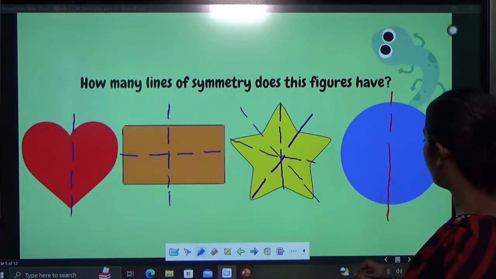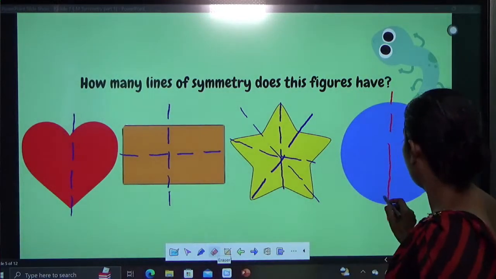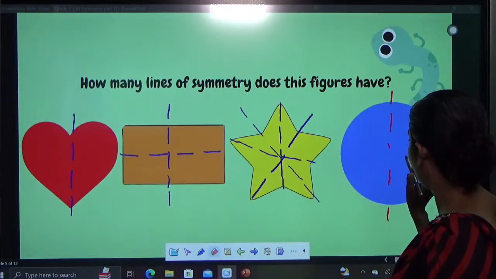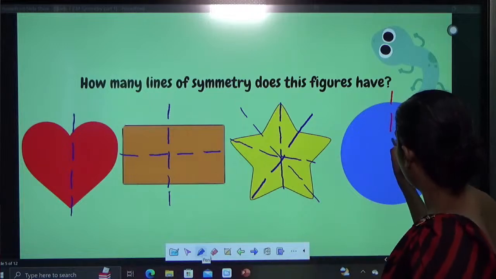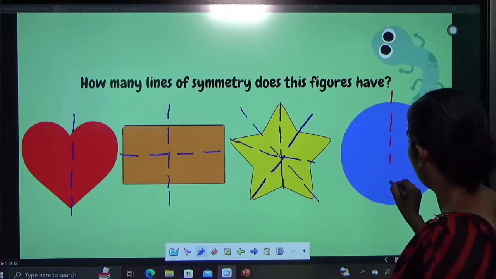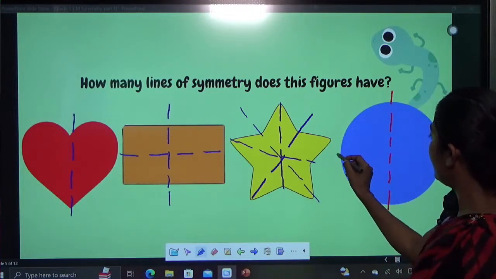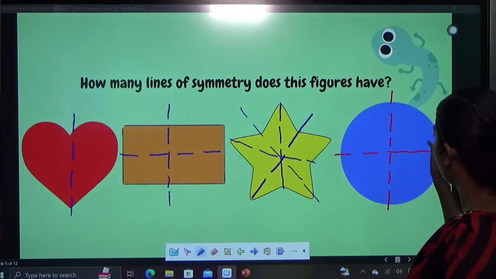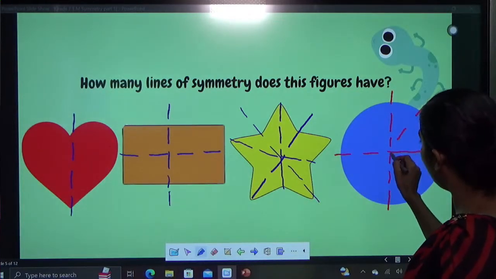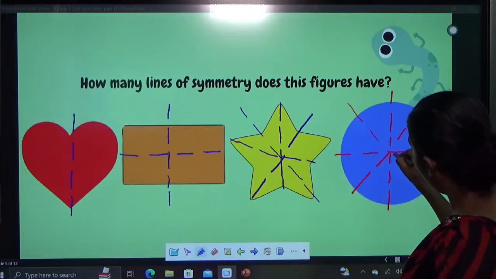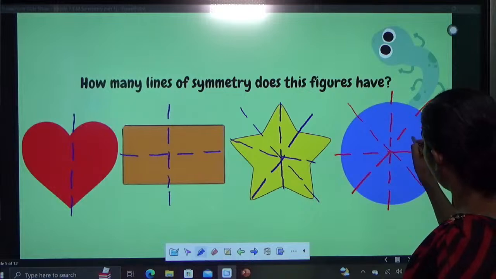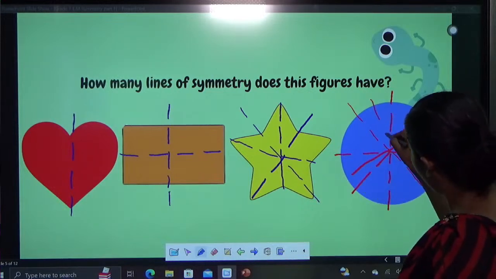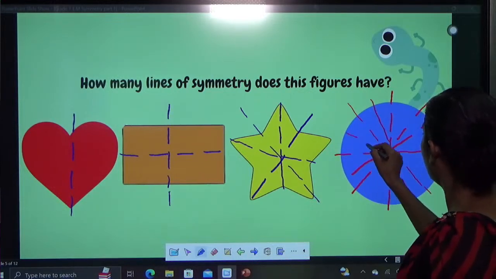Here this way I can draw. Then another one like this, another one like this, another one this way, like that.